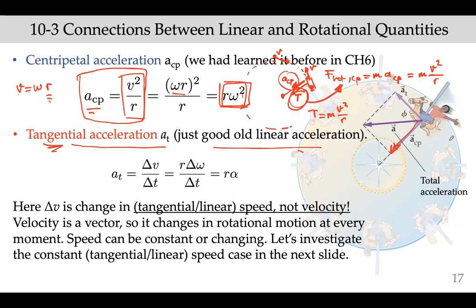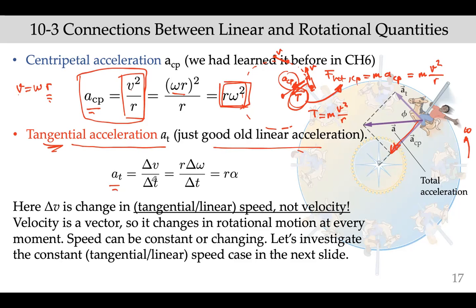Let's say this is rotating with a certain speed, omega, but it can be a constant speed. It may not change. In that case, this tangential acceleration will be 0. But if the speed is getting higher, or the angular speed is getting slower and maybe going to 0, then we would have tangential acceleration.